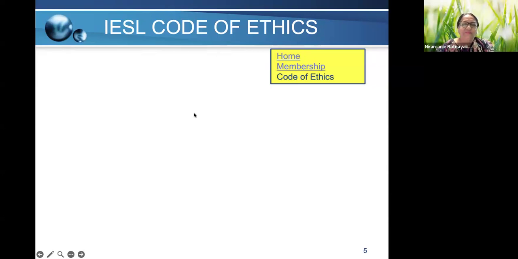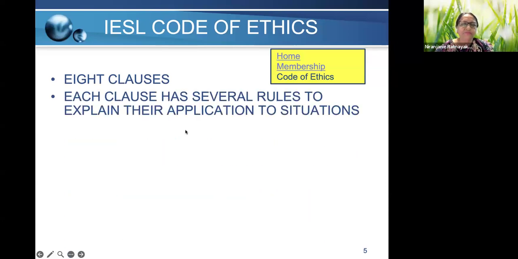Sorry about that. The IESL Code of Ethics is available on the IESL homepage under membership, so I hope you have already had a look at it. It has 8 clauses, and each clause has several rules to explain the application to situations, because the clauses by themselves are difficult to apply. The code of ethics is not something that you memorize and then repeat, right?